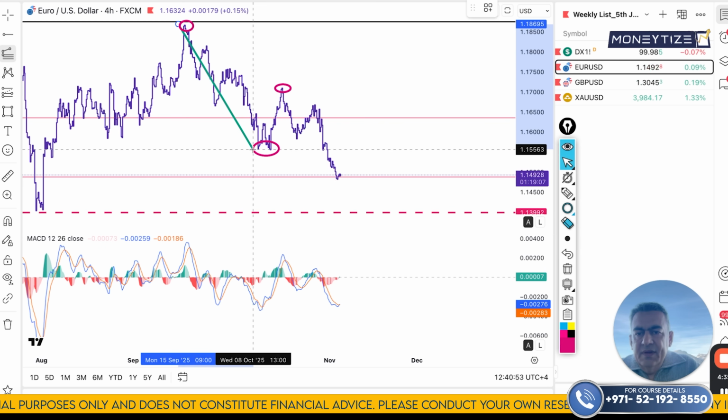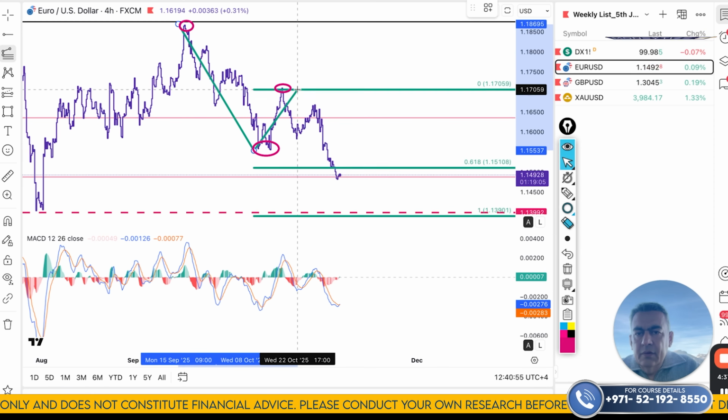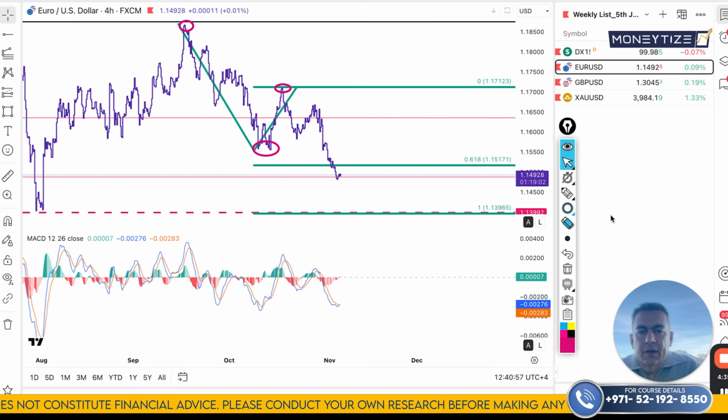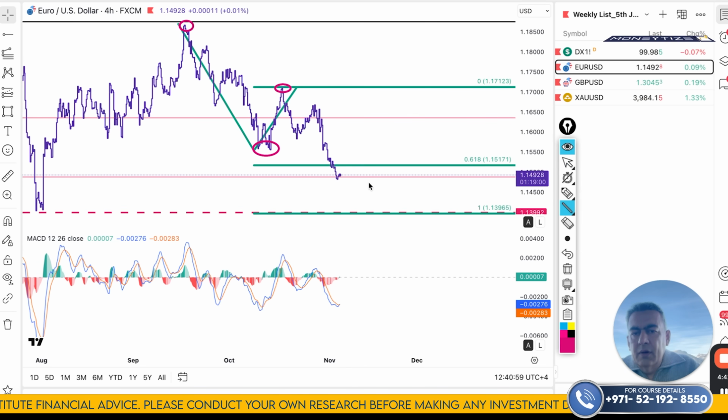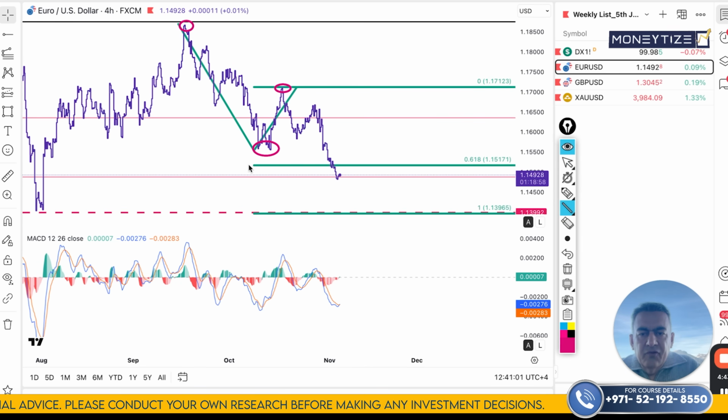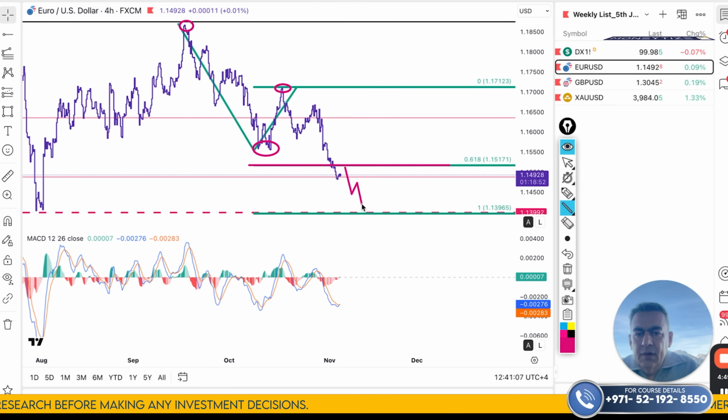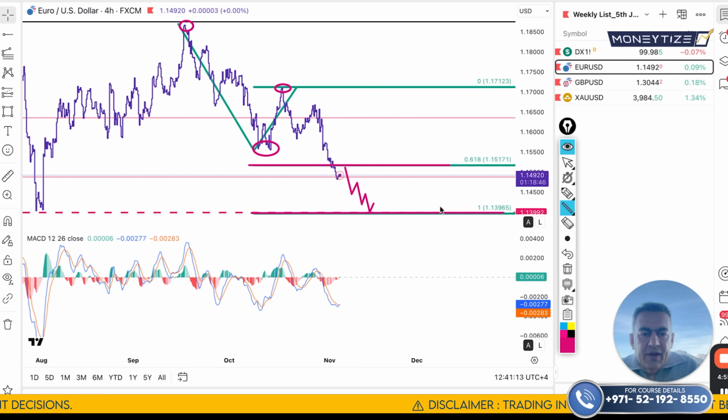So this is the first extension downwards connected, and Euro US dollar is trading below fib extension 61.8. The next destination is our BOS level, which also forms a magnet, aligns with fib extension 100%. So Euro USD is anticipated to reach 1.1396 in the coming days.